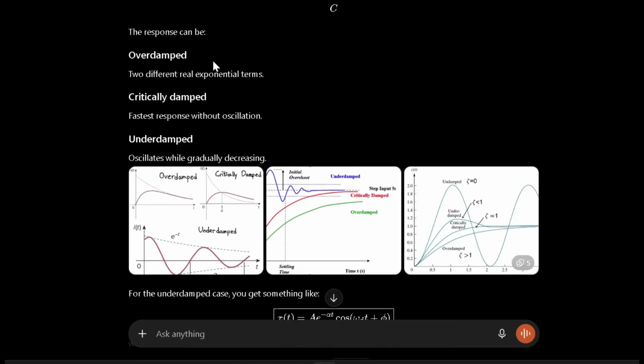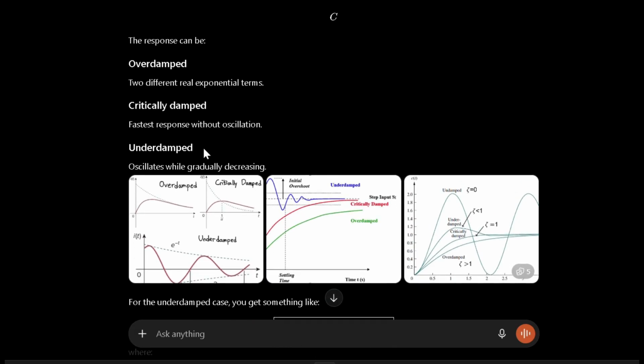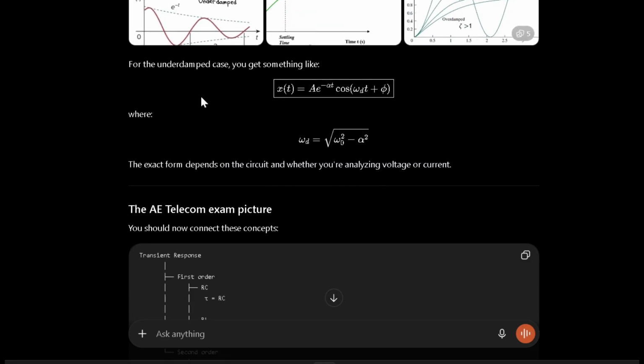Overdamped means, actually we'll cover this later, two different real exponential terms, because for L and C we get two different e power minus t terms.